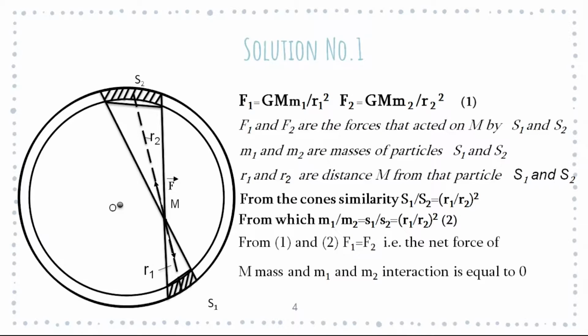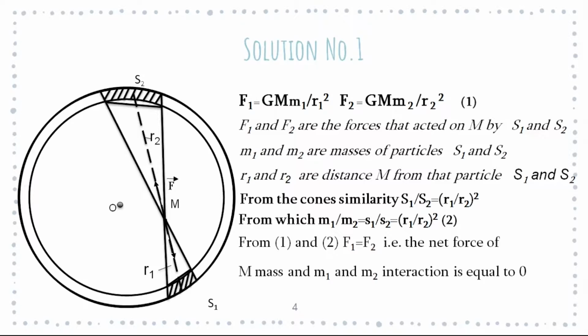It's easy to make sure that these two cones are similar to each other, from which we can write that S1 divided by S2 is equal to R1 squared divided by R2 squared, from which we can find that F1 divided by F2 is finally equal to R1 divided by R2 squared. From formulas 1 and 2, we find that F1 is equal to F2. That is, the net force of the interaction of mass M with M1 and M2 is equal to 0.